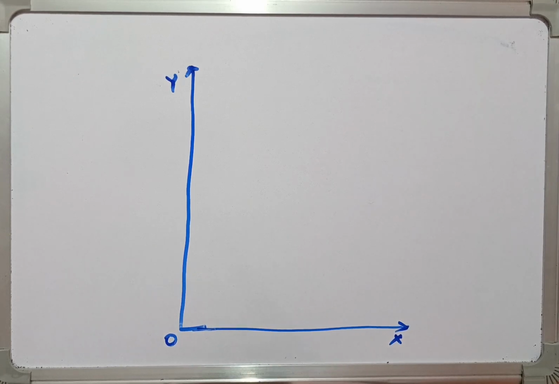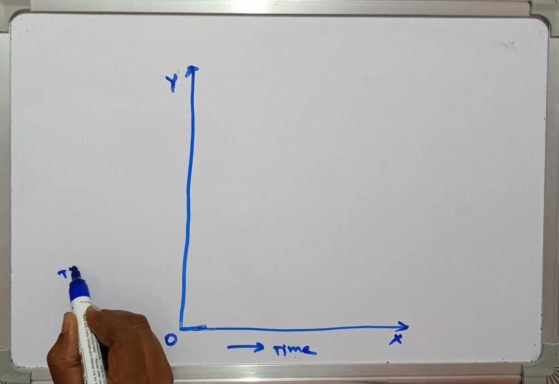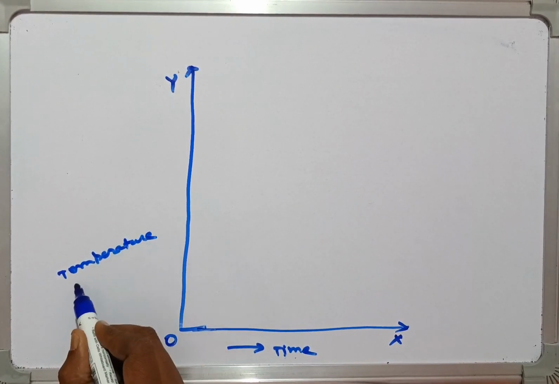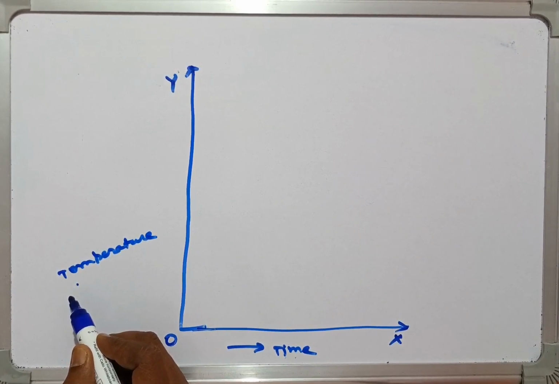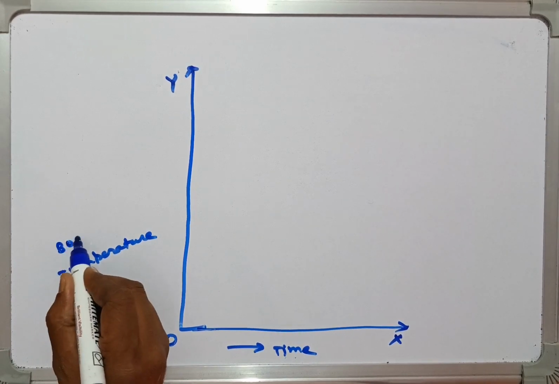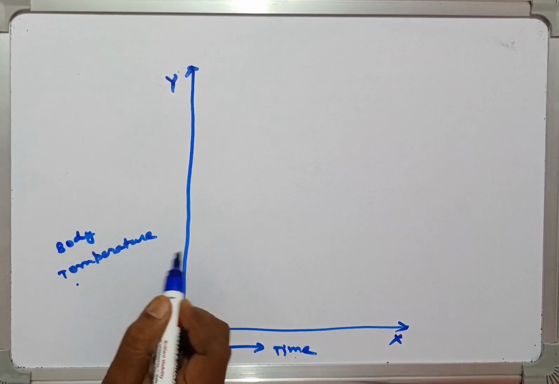First, the x-axis represents time. The y-axis represents the temperature of that person, or you can say body temperature.